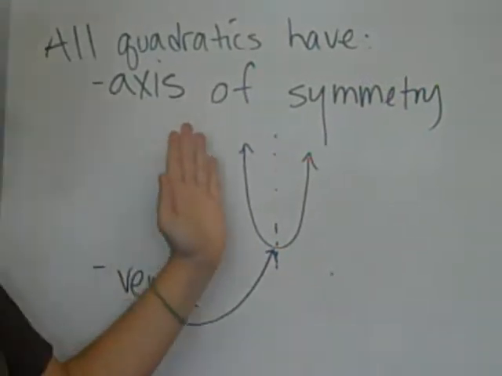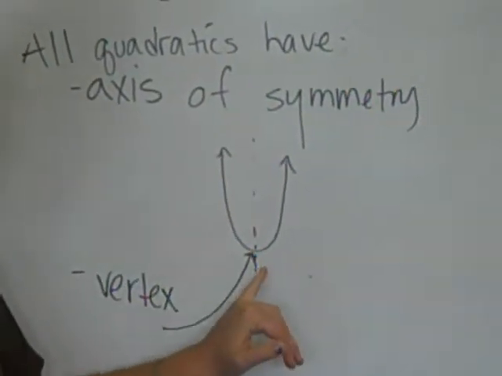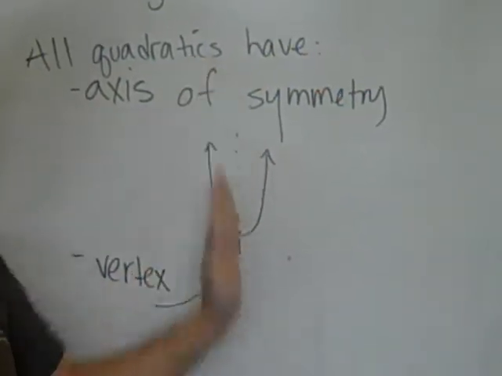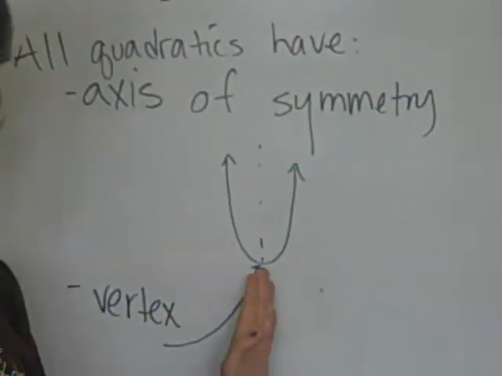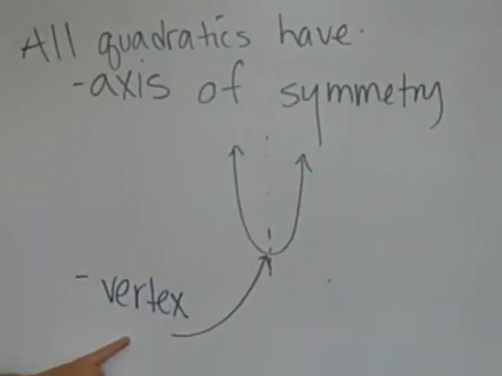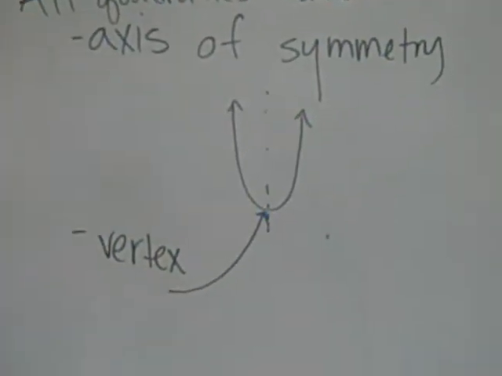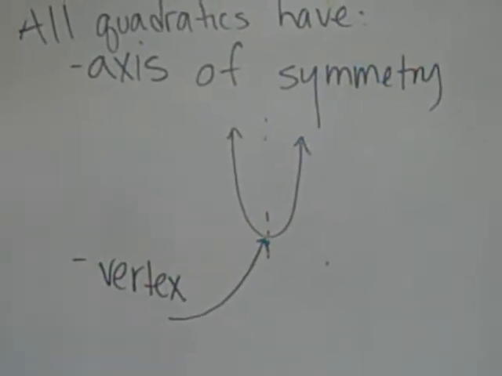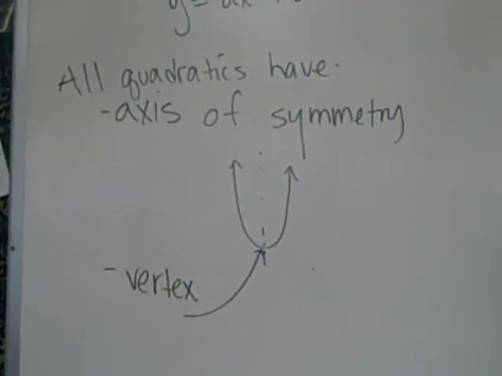So that means if I were to fold it in half, these points would all line up exactly with these points. So they are able to be folded over this axis of symmetry. The axis of symmetry comes together at a point we call the vertex. So these are two really important things we need to know if we're going to try graphing a quadratic equation. So these are things we can solve for, given a few pieces of information.